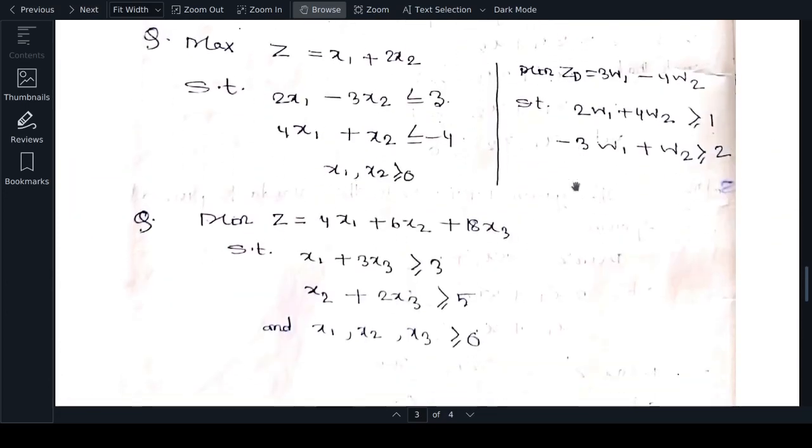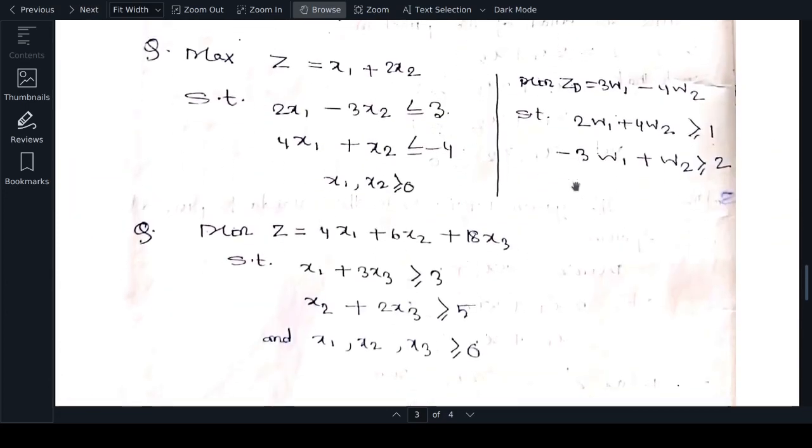Next, I have given two questions. You will try to solve them: find the dual of the following problems. One problem: max z equal to x1 plus 2x2 such that 2x1 minus 3x2 less than or equal to 3, 4x1 plus x2 less than or equal to minus 4, x1 comma x2 greater than or equal to 0.